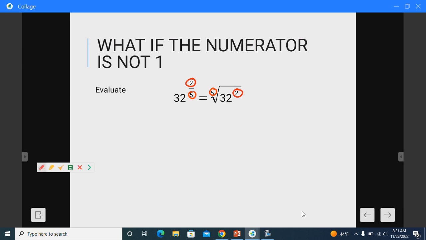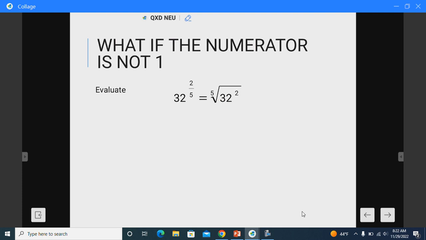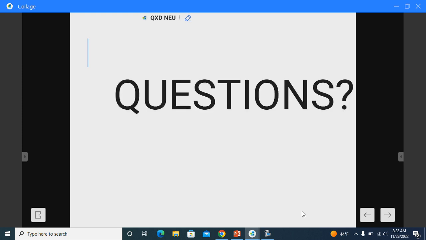So the solution is the fifth root of 2 to the power of 5, because 32 is 2 times 2 is 4, times 2 is 8, times 2 is 16, times 2 is 32. So we have 2 to the power of 10 to the power of 1/5, so 2 to the power of 2 is equal to 4. Any questions?